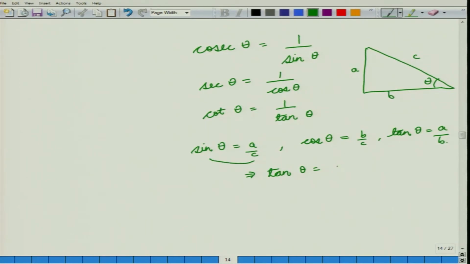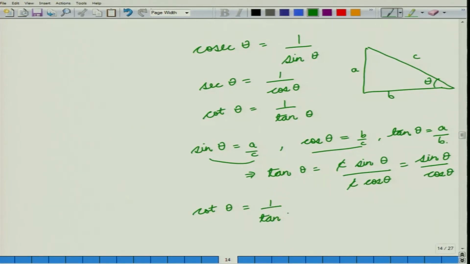So, A is C sin theta and B we can take from here. B is equal to C cos theta. C and C get cancelled out. So, tan theta equals sin theta upon cos theta. Similarly, cot theta equals 1 upon tan theta equals cos theta upon sin theta.